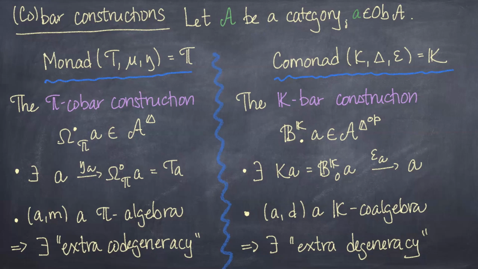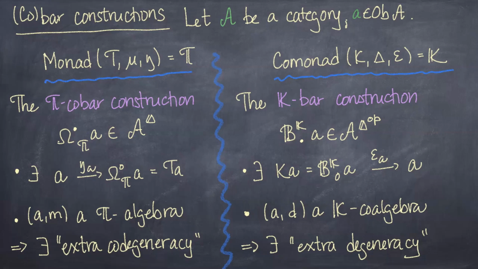So what this means is that the co-simplicial object is always co-augmented, and the simplicial object we get is always augmented. Not only that, if we actually have a T algebra structure on the object A, we can use that multiplication map M to give us what's called an extra codegeneracy in this co-simplicial construction.